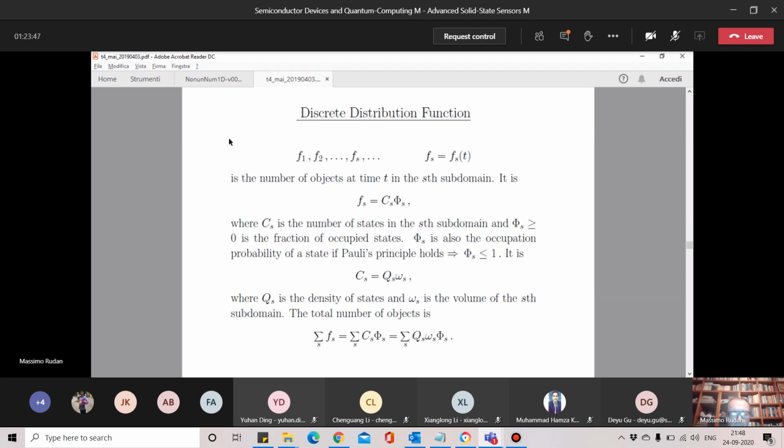So in this example, F1 at time t indicates the number of students that at time t are inside room number 1. F2 is the same for room number 2, Fs is the same for room number S. Okay? Of course, you may think that each room is a subdomain of the faculty.